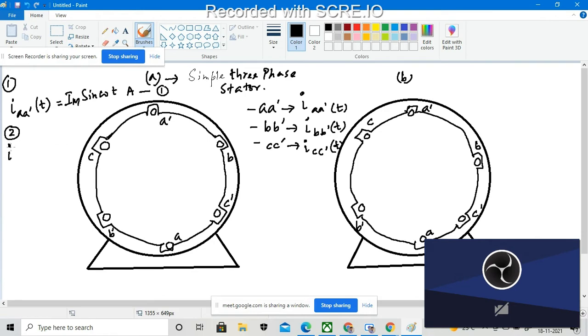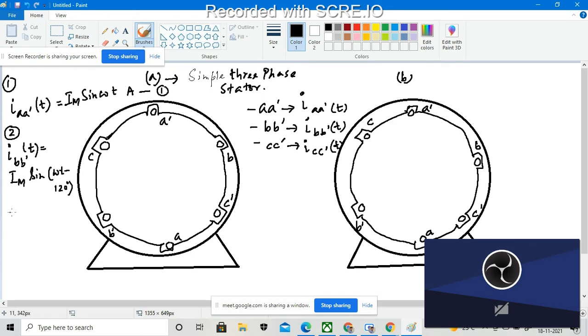i of B dash at a certain instant of time equals Im, that means total magnetizing current, sine of omega t minus 120 electrical degrees, because each and every winding will be located at a 120 electrical degree phase shift.